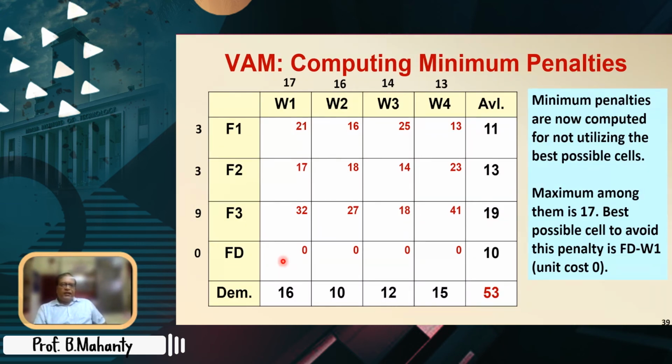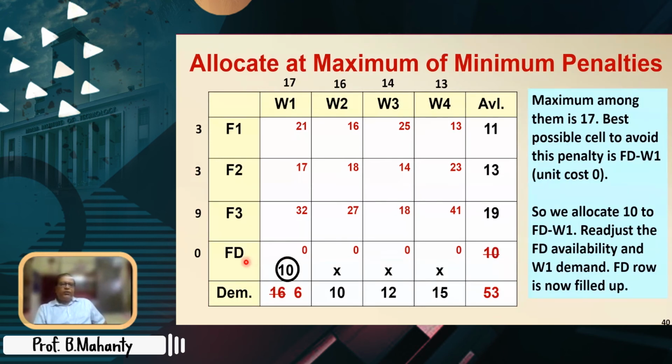So how much should we enter? 10 or 16? 10. Because 10 is the lowest. So an entry of 10 would come at FDW1. So exactly, we have put an entry of 10 here, and the rest are blank. But you see the 16 is changed to 6 and this 10 is crossed out. One thing you must remember is what this signifies.